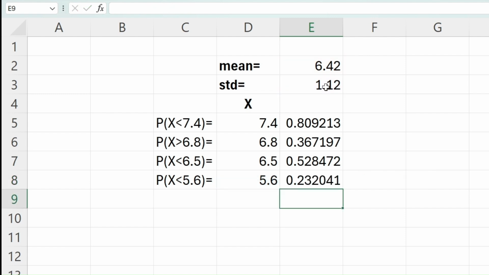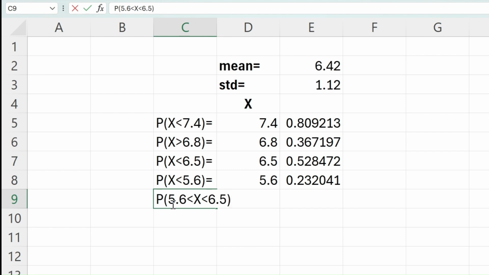Then press enter. After that, we will subtract the value of 5.6 probability from the probability of 6.5. So in order to calculate the probability lies between 5.6 to 6.5, that is calculated as probability of x less than 6.5 minus probability of x less than 5.6.